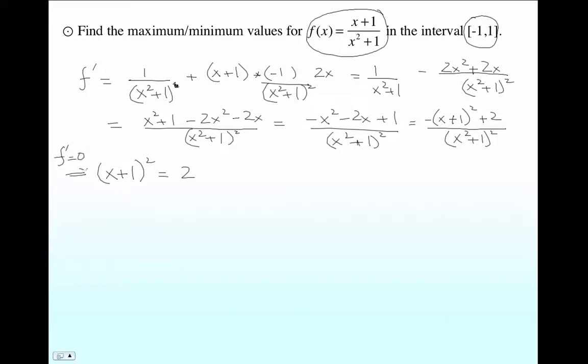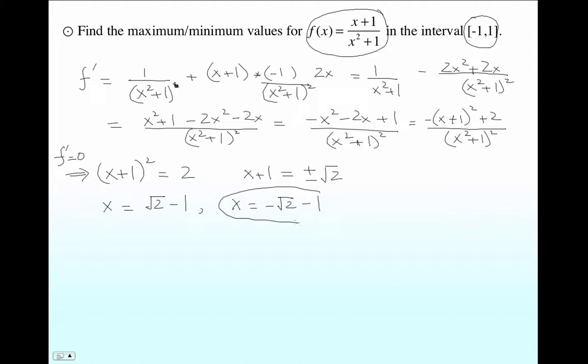So f prime equals 0 means that I should have x plus 1 squared equals 2, and that is x plus 1 being equal to either plus or minus square root 2. In other words, there are two places where the derivative of this function is 0. One of these is square root 2 minus 1, and the other is minus square root 2 minus 1.